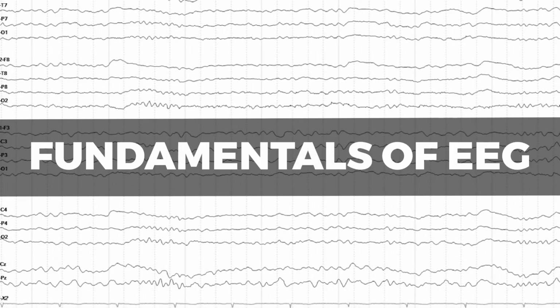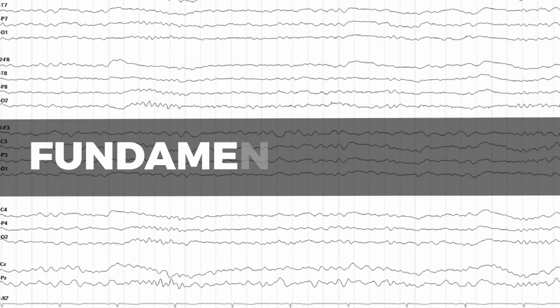Welcome to today's lecture on the fundamentals of electroencephalography, explaining the basic principles of EEG. Now let us discuss how electrodes placed on the scalp detect and record electrical signals generated by the neurons.